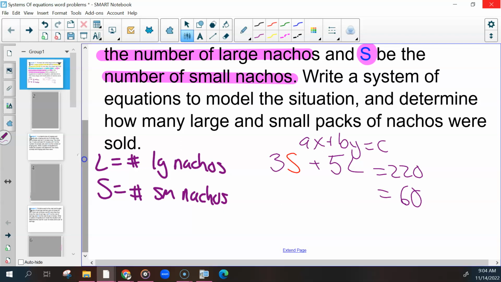What else do we have that represents the total number of packs? So if we're looking at the things we have, what else represents the total number of packs? Besides 60, what else represents number of packs?